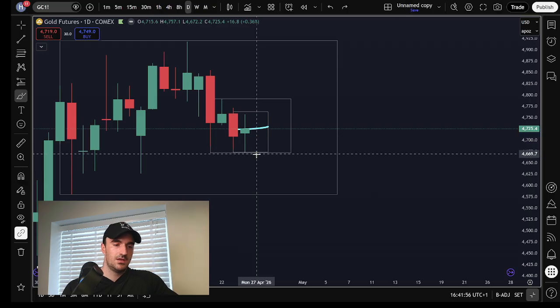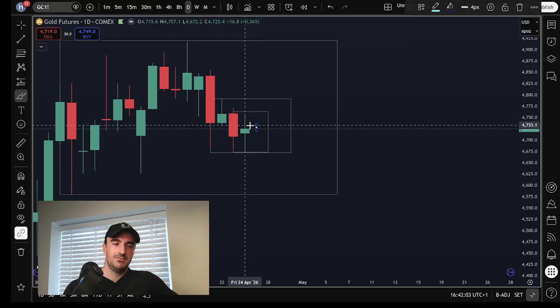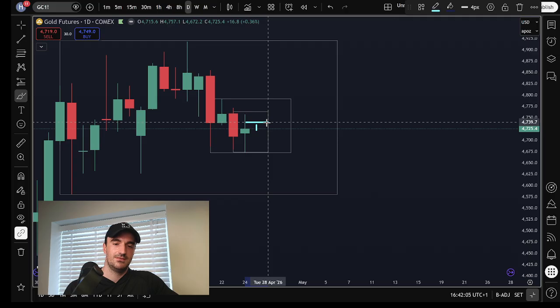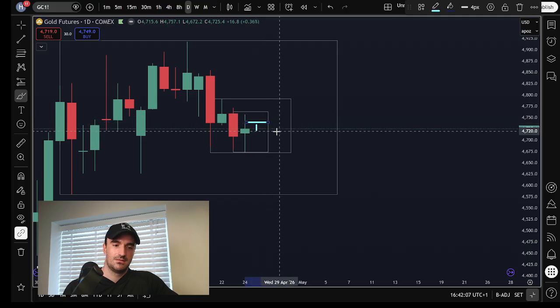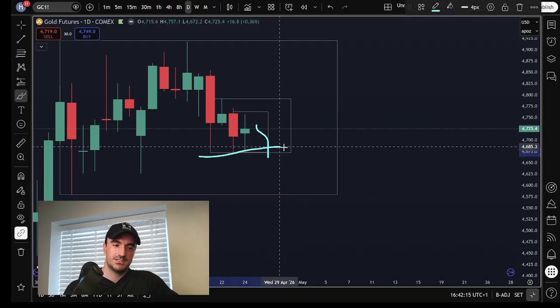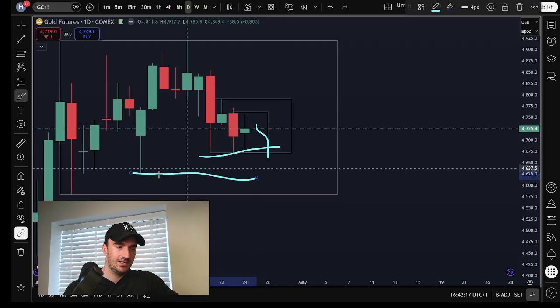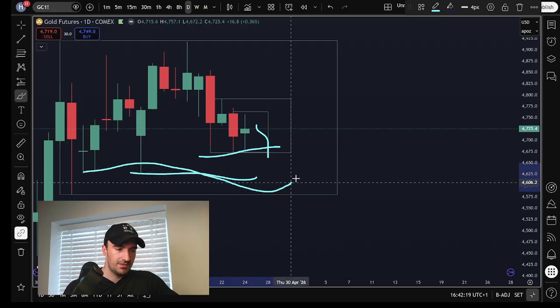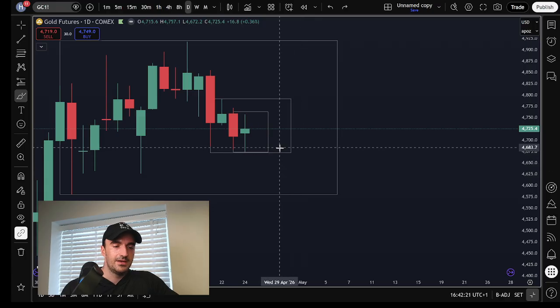So I would expect on Monday the next candle to probably make a push to the upside, maybe $10, $15 maximum move, and then a big drop to come and take these lows from the left, and probably this double bottom from the left.